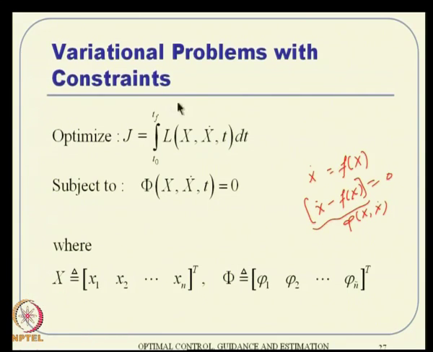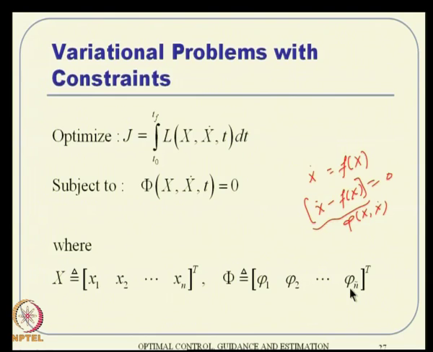All right. So, what we are talking about here is some optimization of a cost functional subject to an equality constraint in the form of an algebraic equation, or in the form of a state equation really. It can be a function of both x and x dot. And remember, the dimension of this constraint need not be the same as the dimension of the state. It can be very different, n and n tilde can be very different.